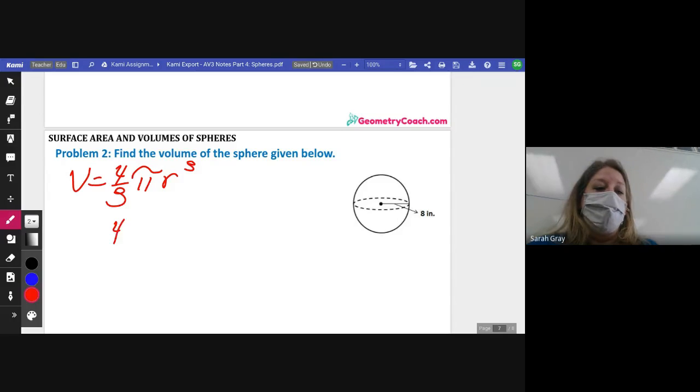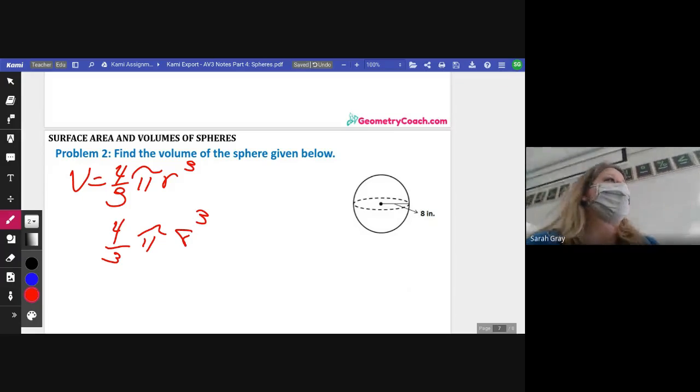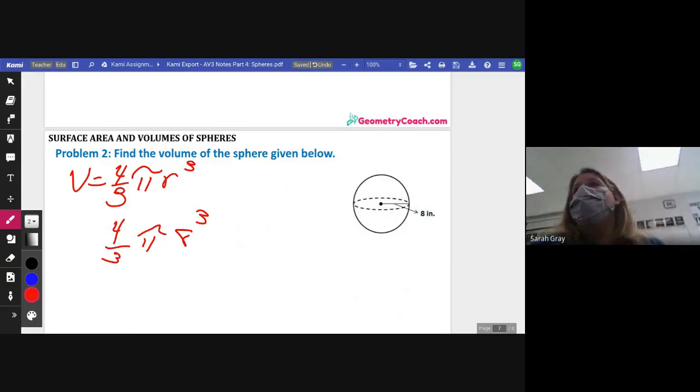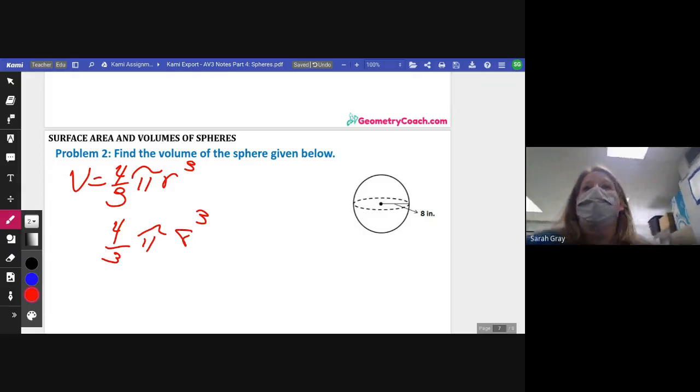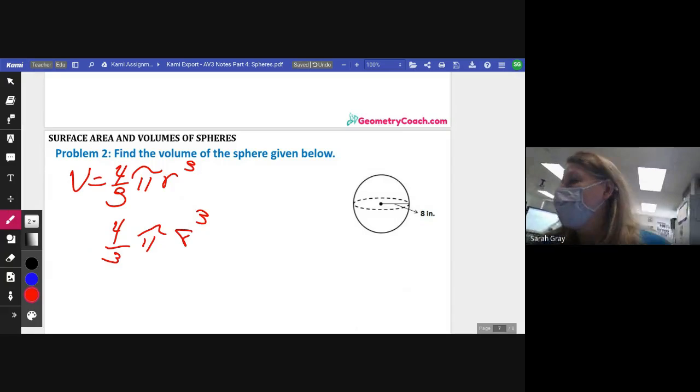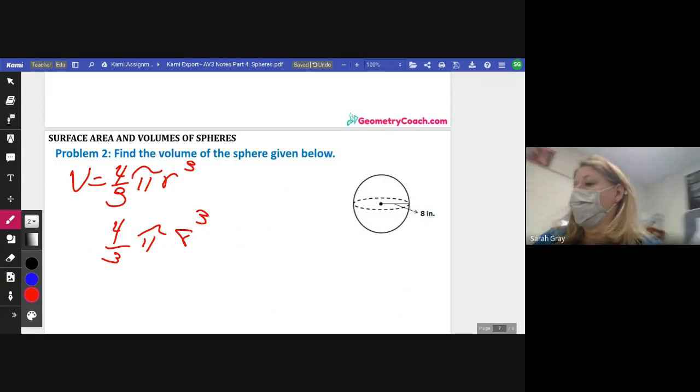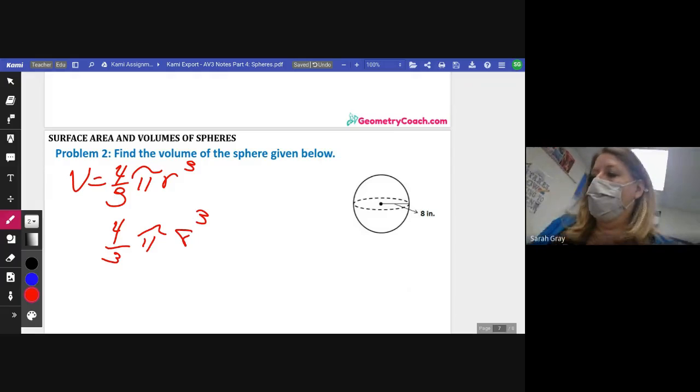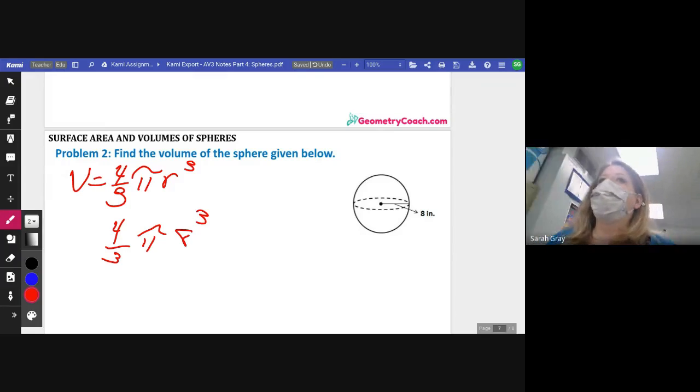Radius in this example is 8. Ooh, 8 cubed. That's not something I can do in my head. 8 times 8 times 8 is 512.